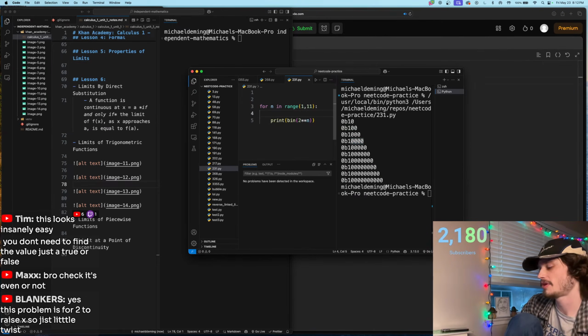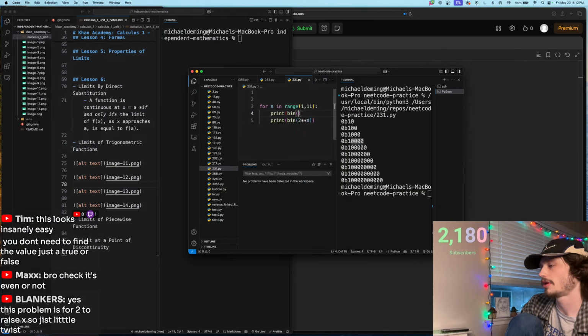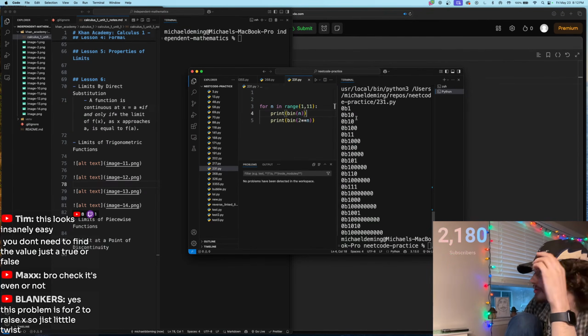Now what if I just print bin on n itself here, just to see the differences.